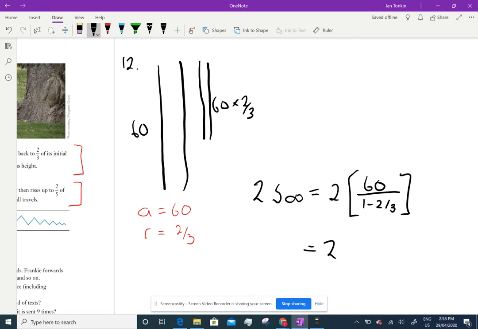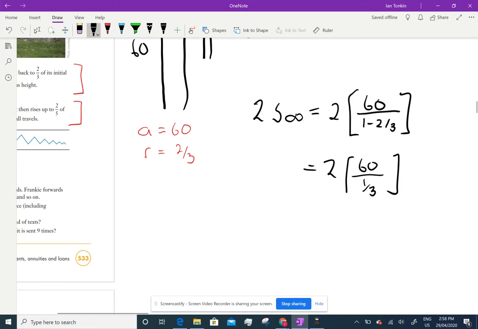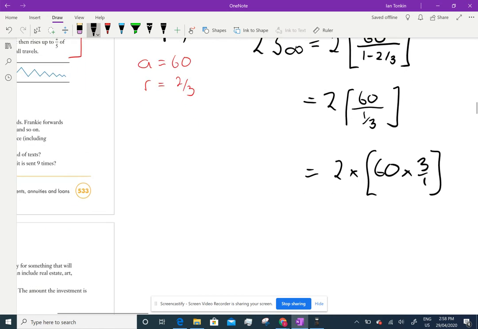So 2 times 60 over 1/3 equals 2 times 60 times 3 on 1, which is 2 times 180, which is 360, whatever it was.